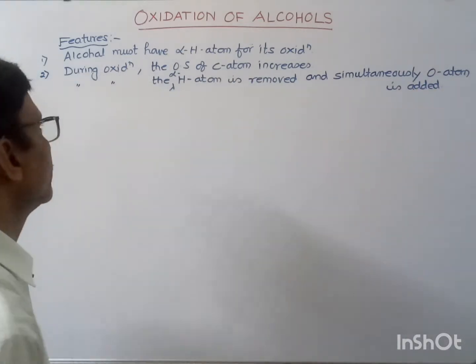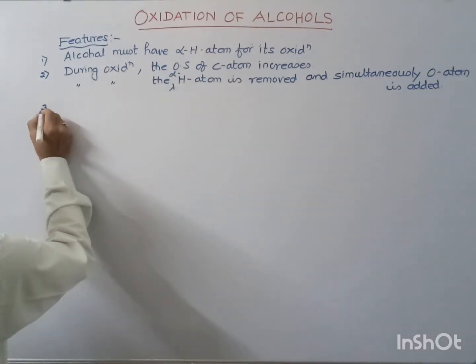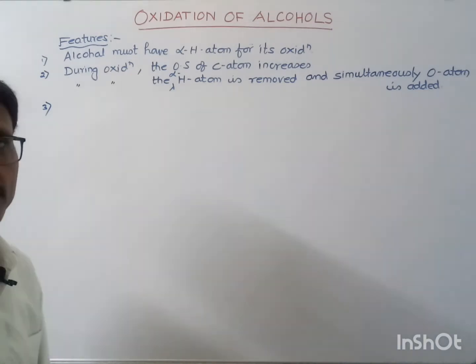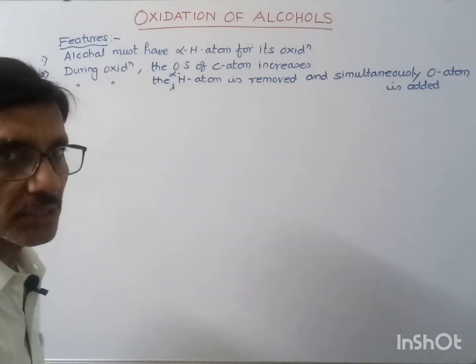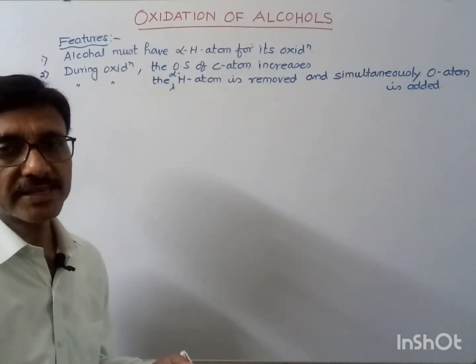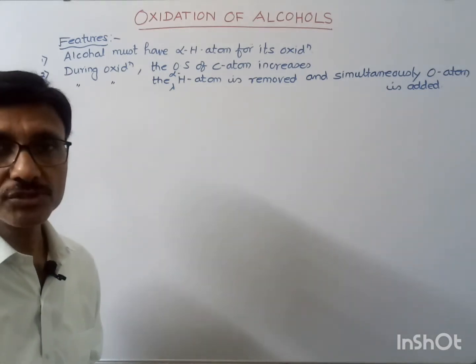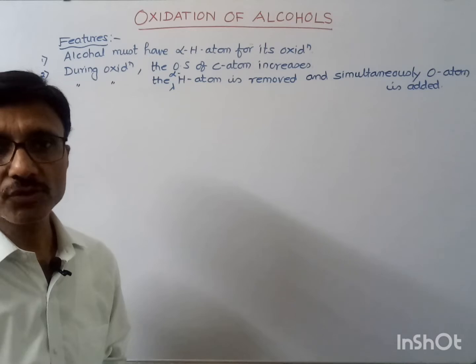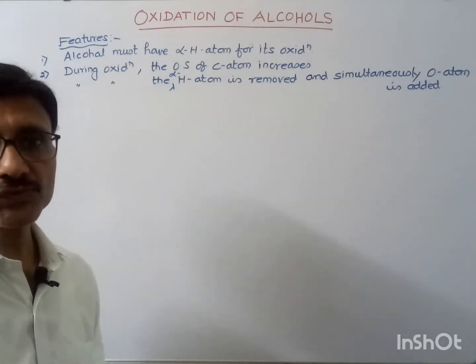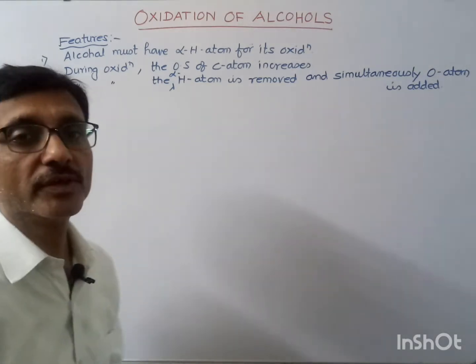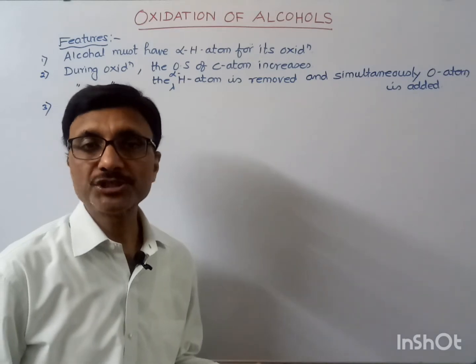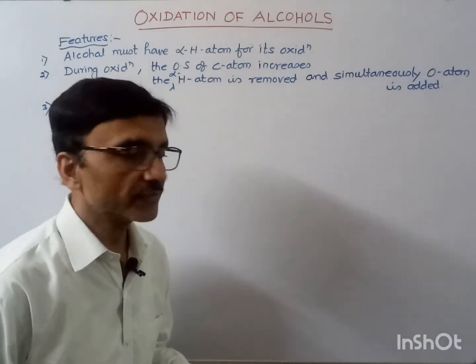And when you see the mechanism of oxidation, you will see that during the reaction an ester gets formed. Suppose we are using chromic acid as the oxidizing agent, then a chromate ester is formed, and if we are using potassium permanganate, then a manganate ester will be formed.